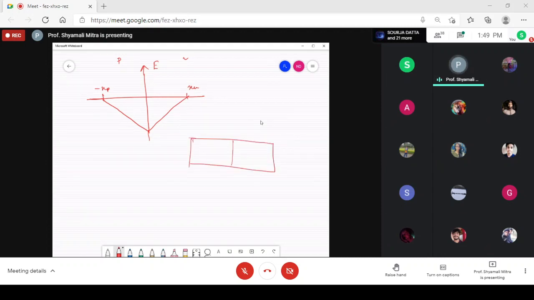So if we can draw it like this, then p and n, already there are some immobile acceptor ions present over there, and on account of this E is there. Now what we are saying is that we will apply a forward bias voltage whereby the p side will be connected to the most positive terminal of the battery and the n side to the most negative terminal of the battery, and you can see here the direction of the electric field in this way.